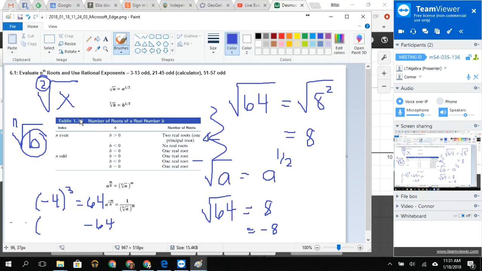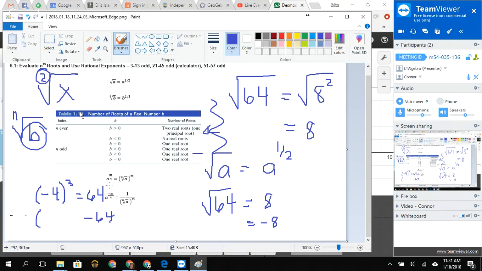The other kind of a little bit more complicated thing is down here at the bottom of the notes.